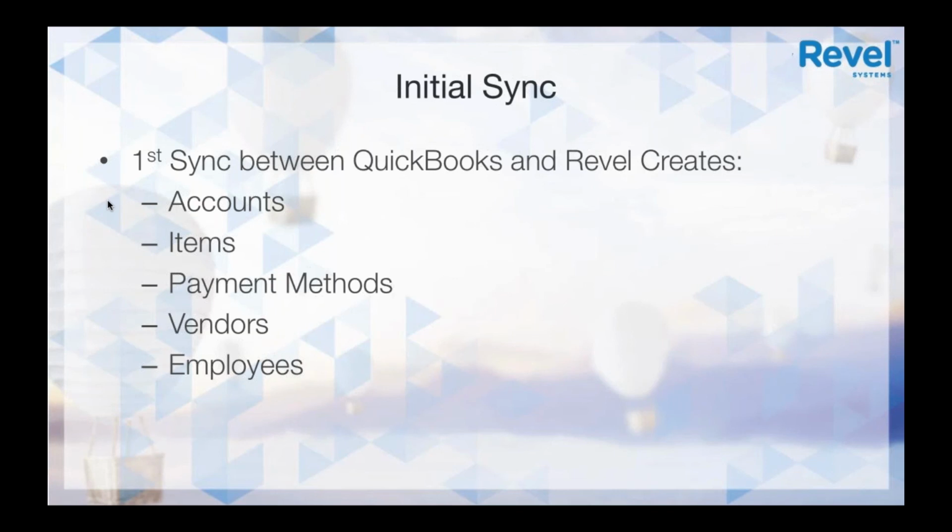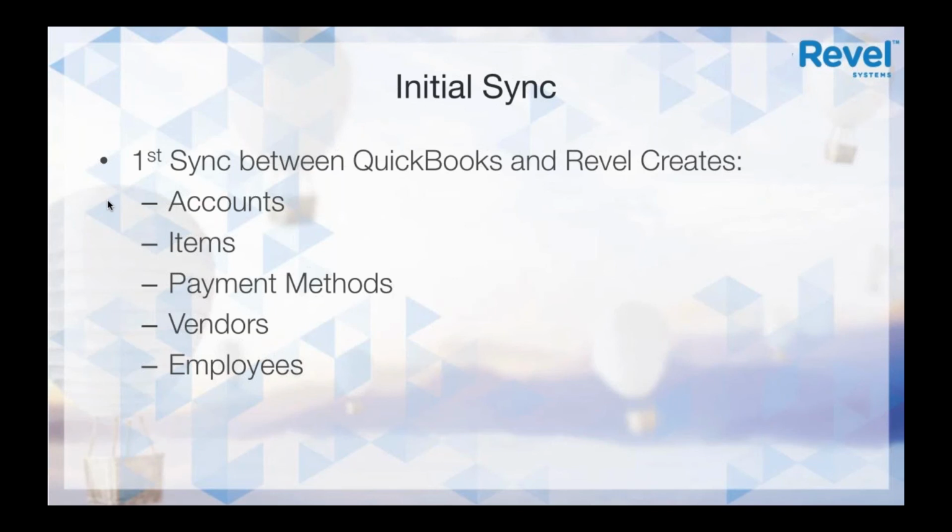We also create items on the item list. So this is everything from a taxable sales item to a tax item to a service item. If you look at the item list, you'll see that grow in length based on what you've entered into Revel, and also based on what your actual integration type is.